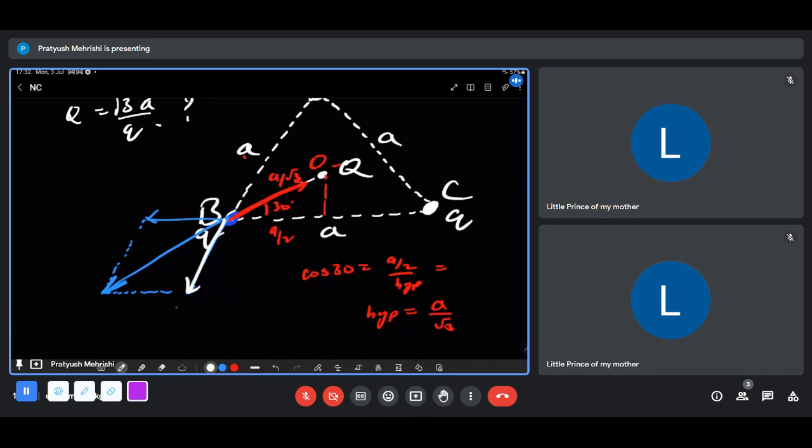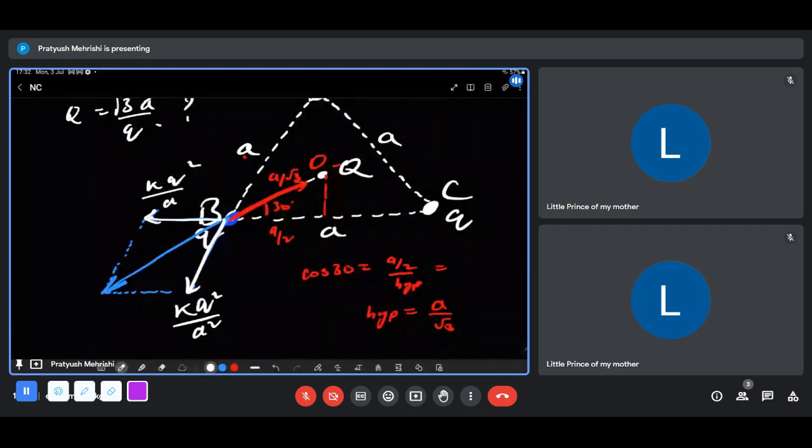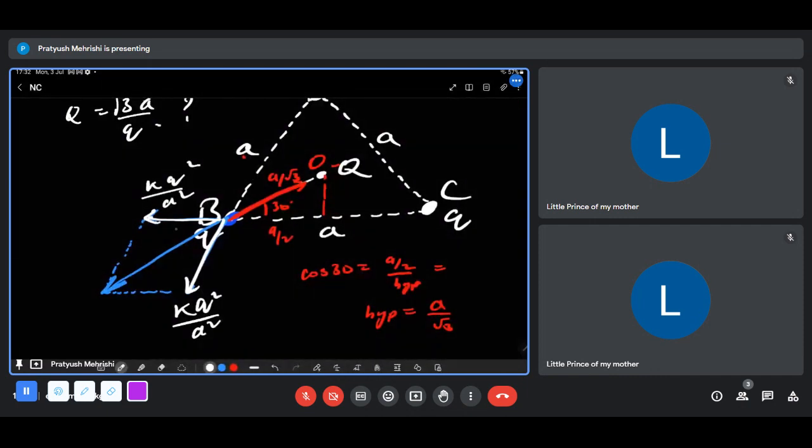In this direction, the force is K Q1 Q2 upon R square. Similarly, here also it will be K Q1 Q2 upon R square. Okay. So the resultant will be what? Again, this angle is 30 degrees. If this is force F, then it will be F cos 30 plus F cos 30, that is 2F cos 30.